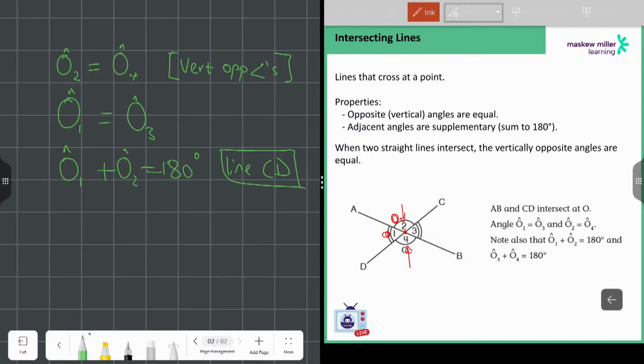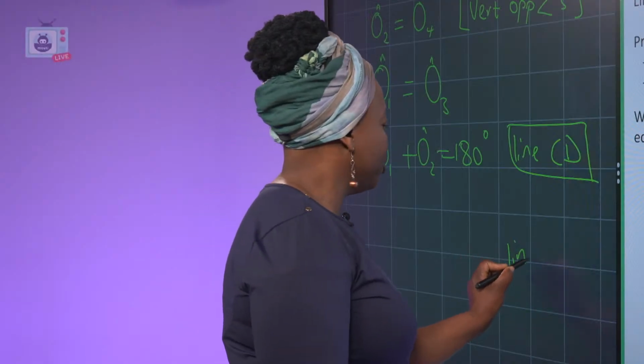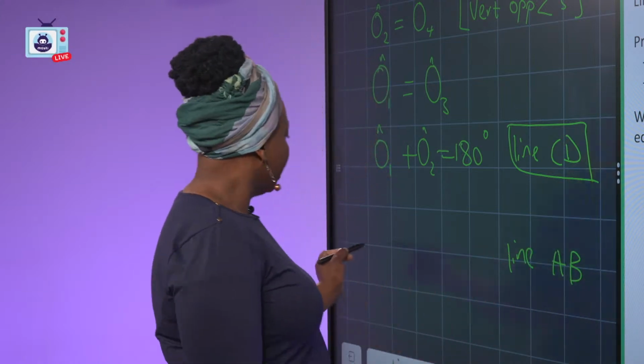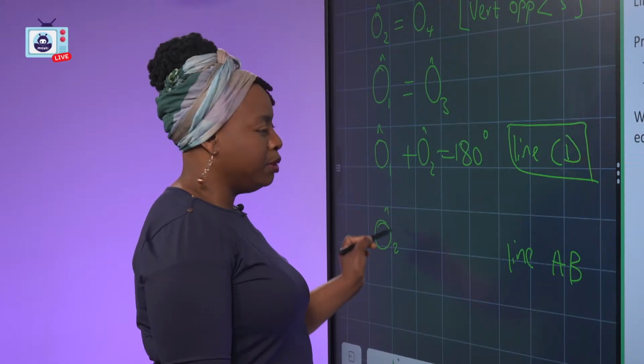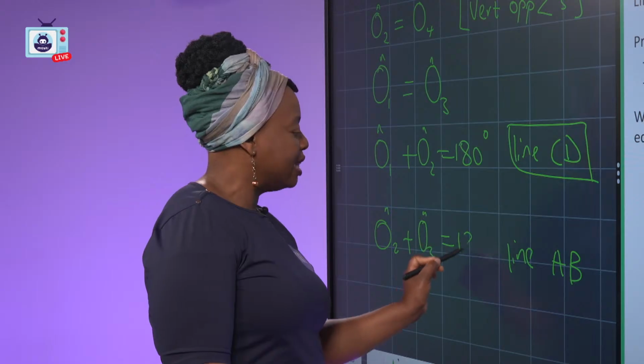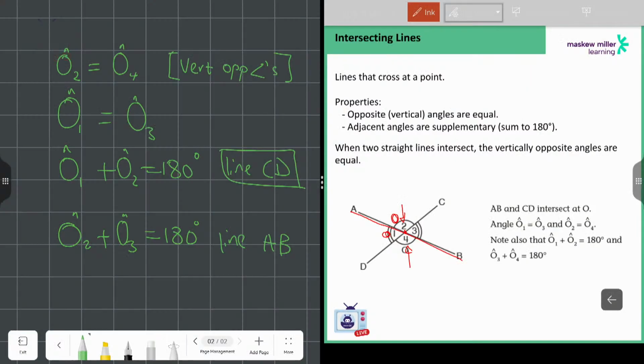But if I was talking about line AB, that will be a different scenario. For line AB, I will then have a different set of answers, right? So that will be O2 plus O3 equals 180 degrees, also because of the sum of angles on a straight line.